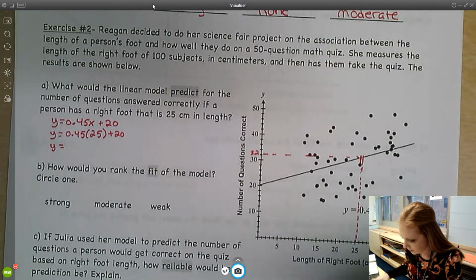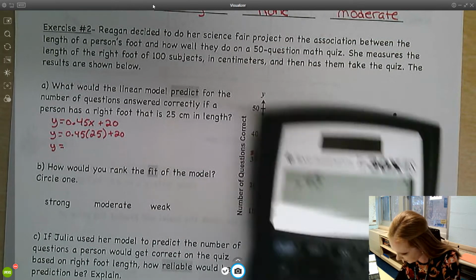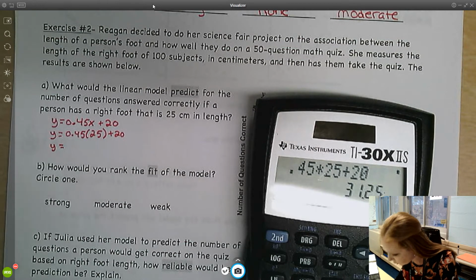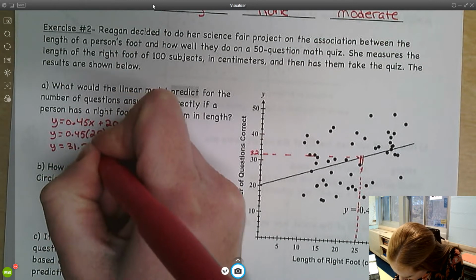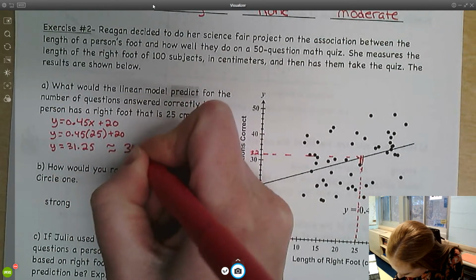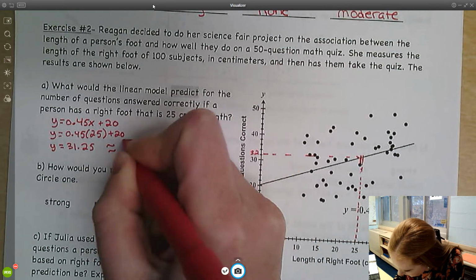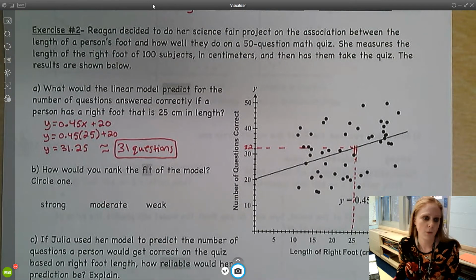Let's see what we get. So 0.45 times 25 plus 20, 31.25, which rounds to about 31 questions. Makes sense. We got 32 from the graph. The more accurate prediction would be 31.